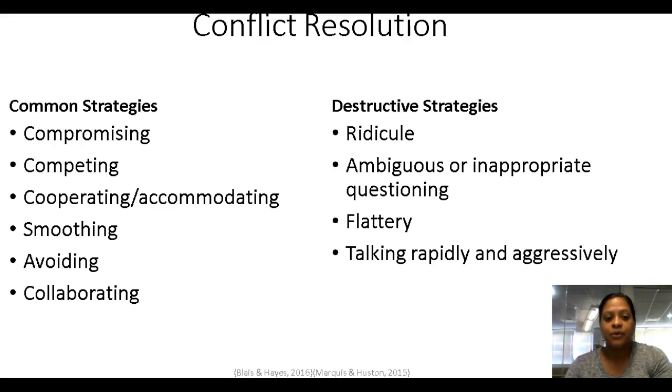And lastly, collaborating. In collaborating, the nurse and the unit clerk can come together and put their individual wants aside, and they can work on a mutual goal. This is usually effective as a win-win strategy if one person doesn't have more power over the other.